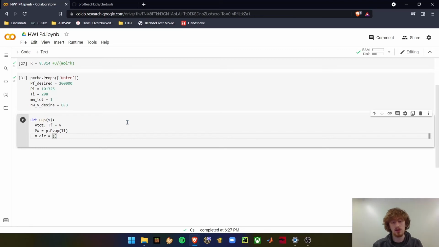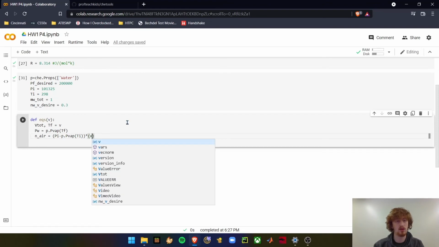So we can say the initial pressure minus the pressure of water at the initial temperature, so we can express that as the vapor pressure at temperature initial. And then that whole term can be multiplied by the volume of vapor.